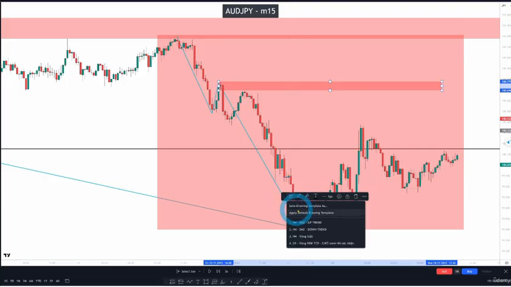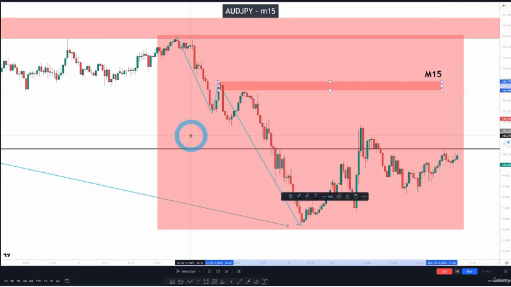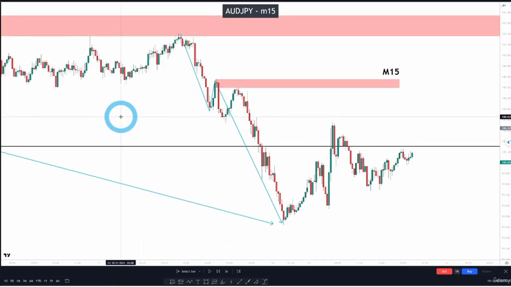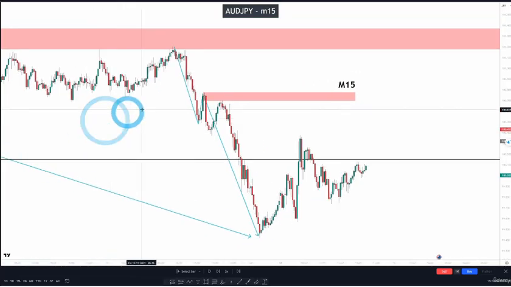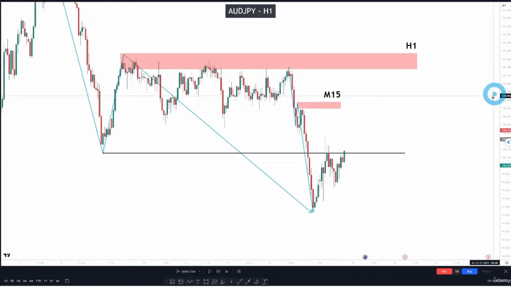I will mark it in red with information right here to help you follow more easily where the zone is on the 50 minutes time frame or 1 hour time frame, and I will delete everything like this. And at this time, we will use the function of the high time frame and middle time frame to keep our trading plan. And as I explained before, here is the 1 hour time frame story, right?